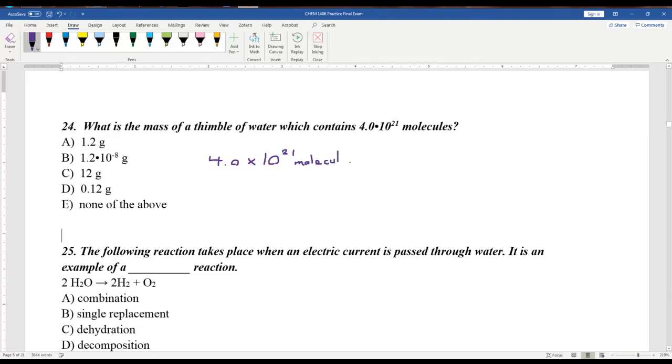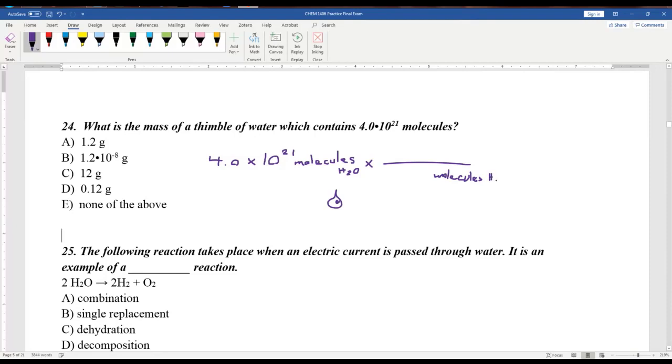If you do that, shame on you. Moles is not the same thing as molecules. You cannot abbreviate molecules. All right. So I have molecules of water. Here's my little drop of water.